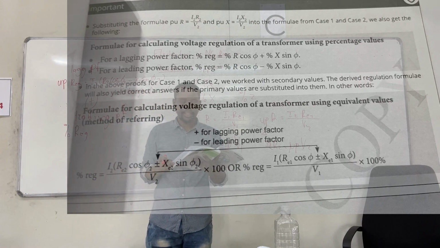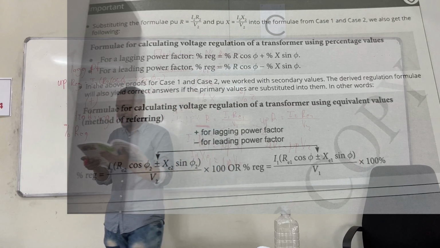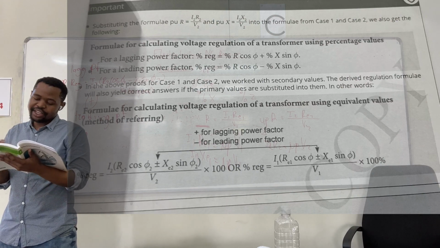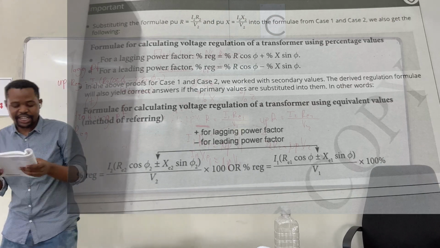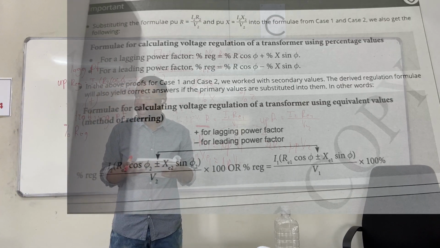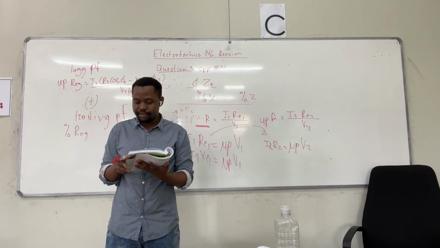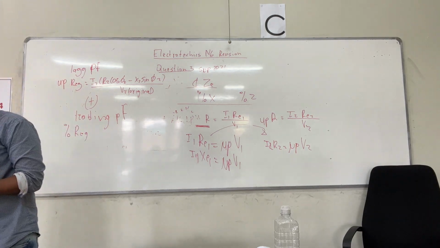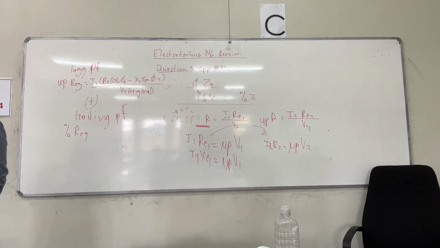The difference is when you have calculated the equivalent resistance and equivalent reactance referred to the secondary side. Those are the two formulas that we'll use.